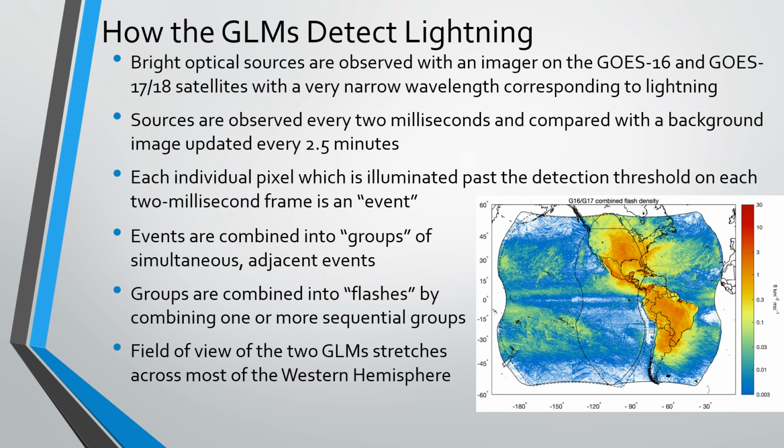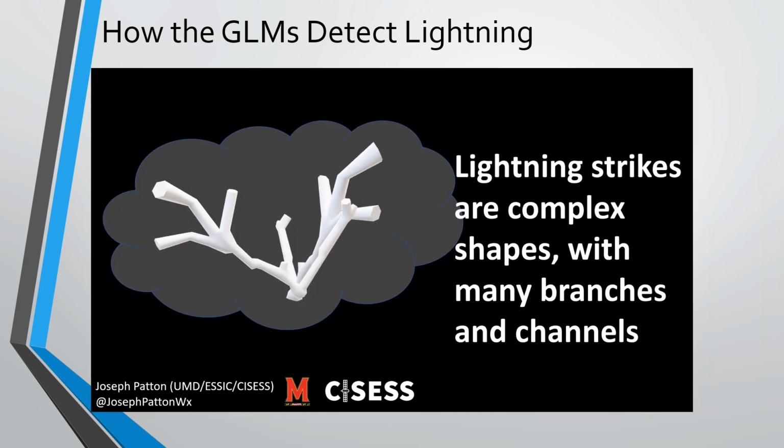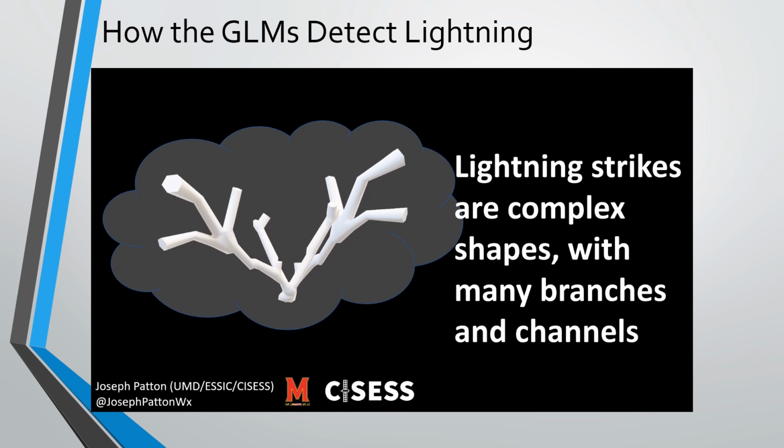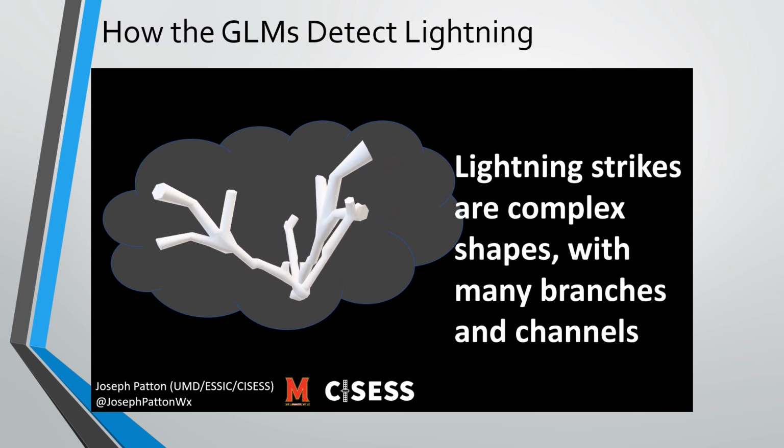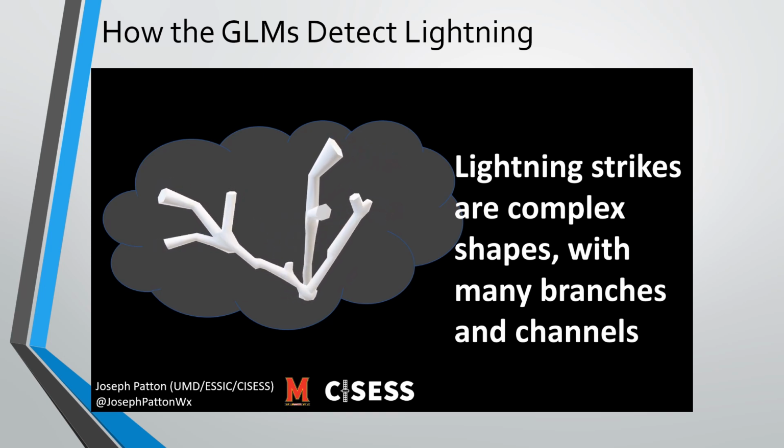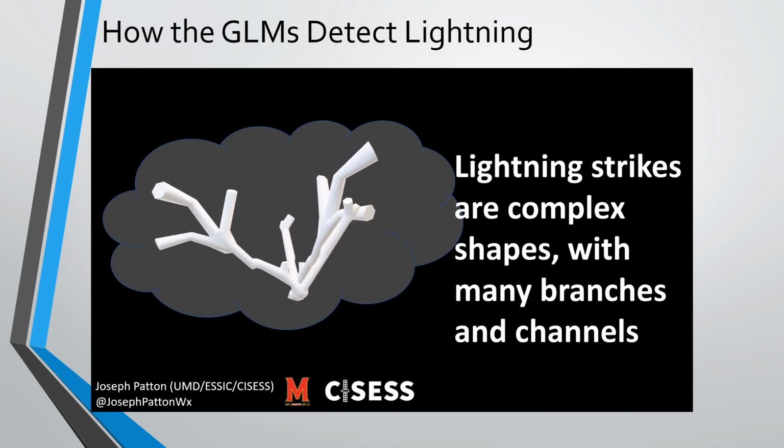The field of view of the two GLMs, GOES-East and GOES-West, stretches across most of the western hemisphere, as seen in the image in the right corner. This short video gives an idea of how the GLM is creating gridded products of lightning flashes from thunderstorms.